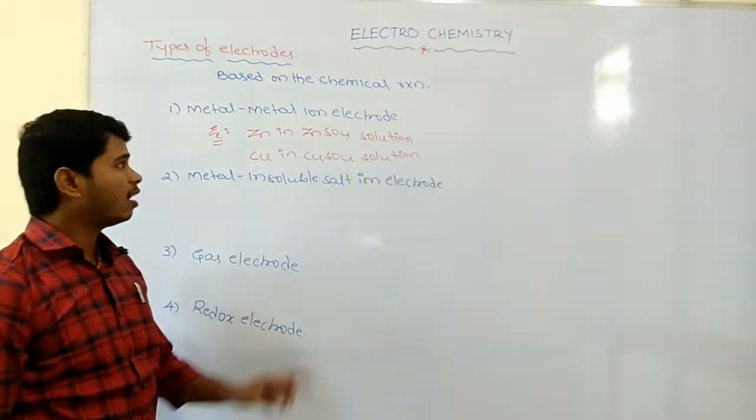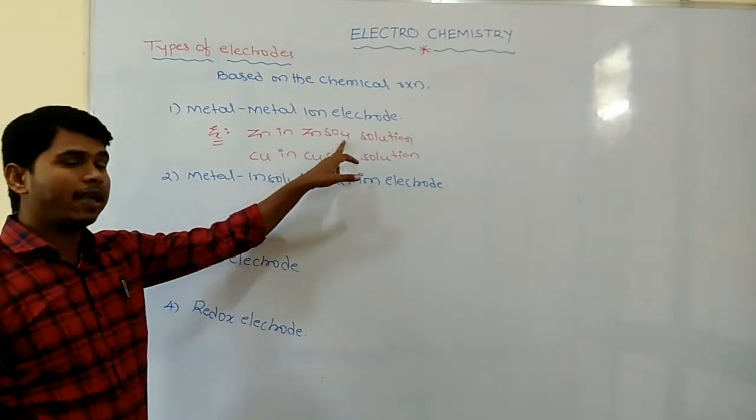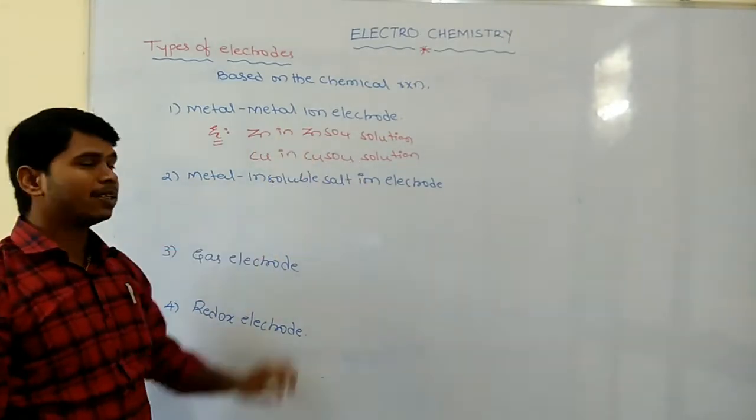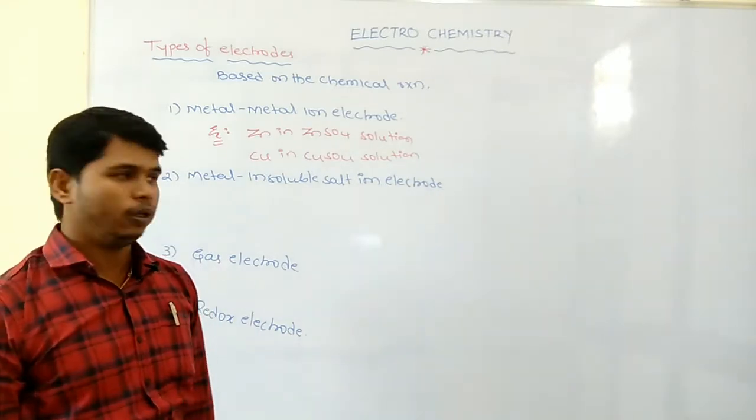These are examples of metal and metal ion solution. Here the zinc is present in zinc plus 2 ion solution.